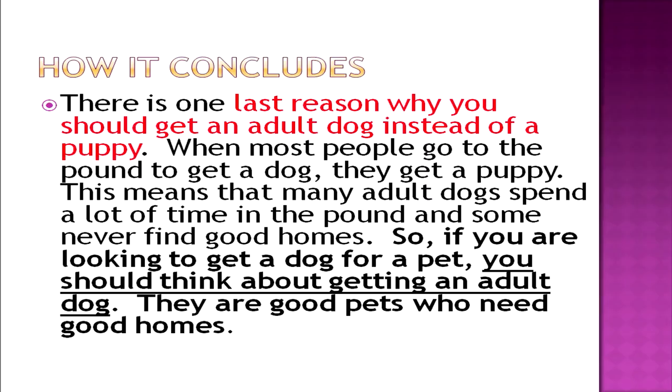So if you are looking to get a dog for a pet, you should think about getting an adult dog. They are good pets who need good homes. So this is the climax of the persuasion. He makes his point very clear, very telling.